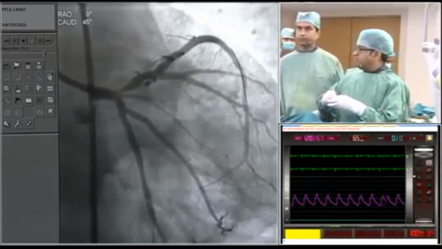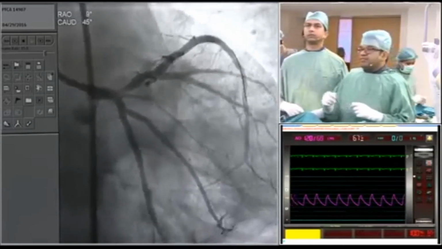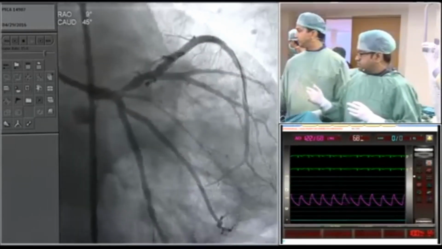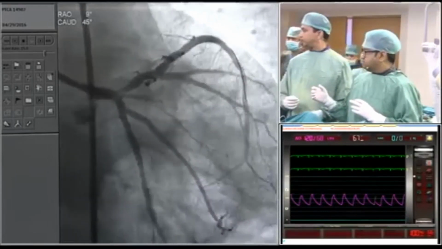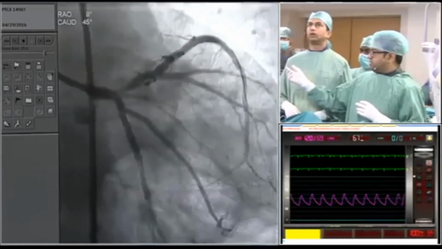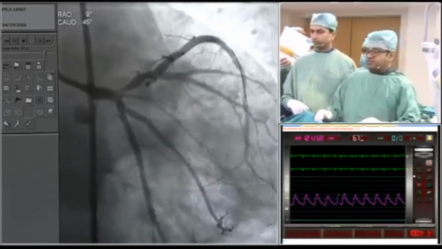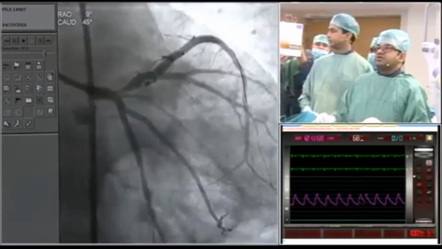So can we have a 4 millimeter stent? 4.0 by 24. So this is the Meril BioMime Aura 4 by 24 millimeter stent, a drug-eluting metallic stent with bioabsorbable polymer.